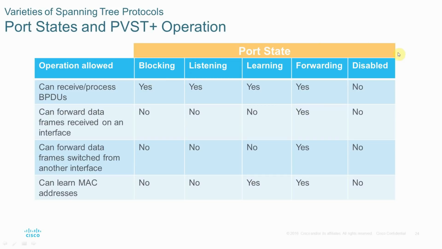If you connect switch to switch or switch to PC, the port FA02 or gigabit 02 will go through these different port states: blocking, listening, learning, and forwarding. A blocking port can receive and process the BPDU, but it cannot forward the data frame received on the interface.